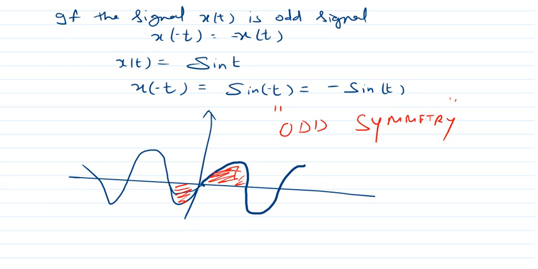Now we can represent any signal in terms of even and odd components. So the signal x(t) can be represented as a sum of an even signal and an odd signal. How to calculate the even component?